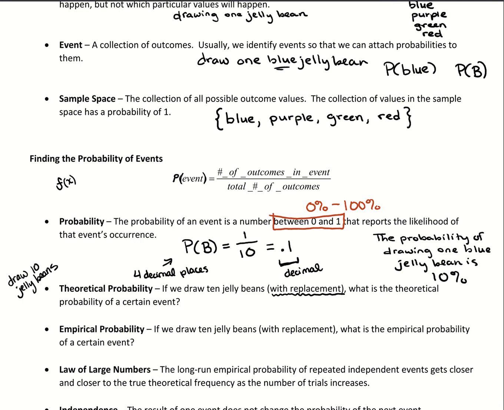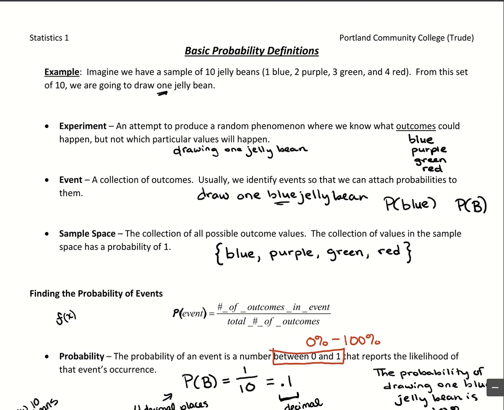Meaning that when I draw a jelly bean out, I'm putting it back. But in terms of the construction of the bag, what we assume is going to happen for these jelly beans is we should see blue 10% of the time, purple 20% of the time, green 30% of the time, and red 40% of the time, no matter how many trials we do.